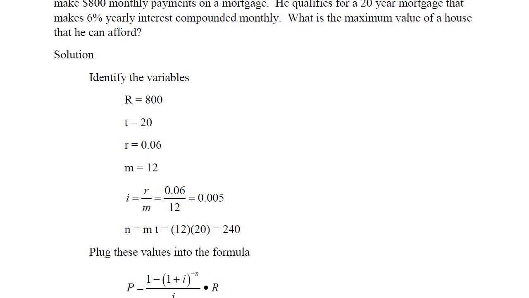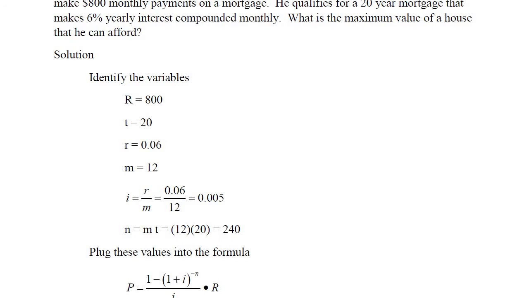So we have to calculate i, that periodic interest rate. i is equal to r divided by m, which is 0.06 divided by 12, that equals 0.005. n is m times t, so that's 12 times 20, which gives us 240.